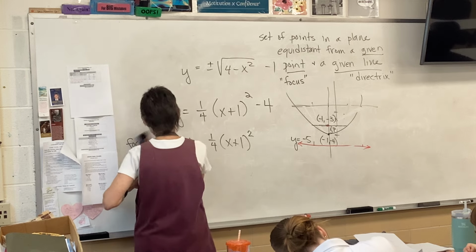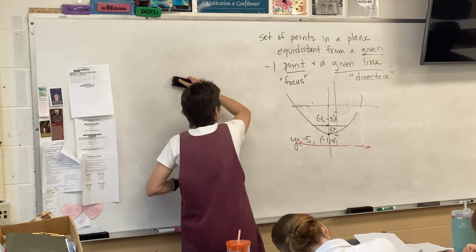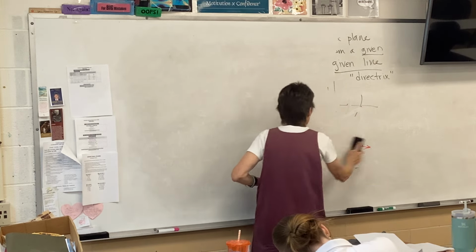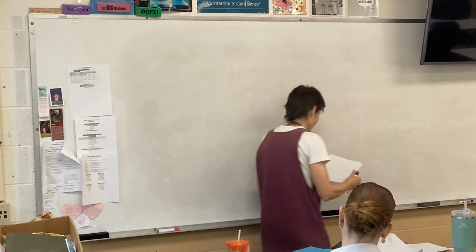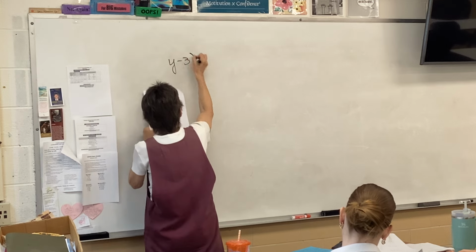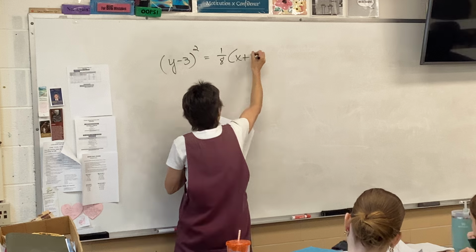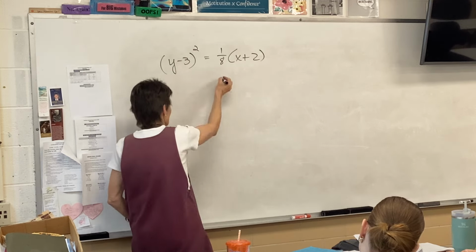All right, let's look at the next one. The equation is not written right. We want to get our squared term by itself. Oh wait, it is written right. The squared term is by itself, it's backwards. Perfect. This equation is ready to go. Where's the vertex?